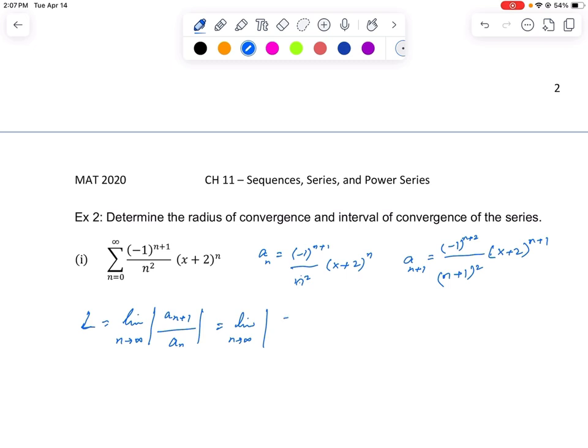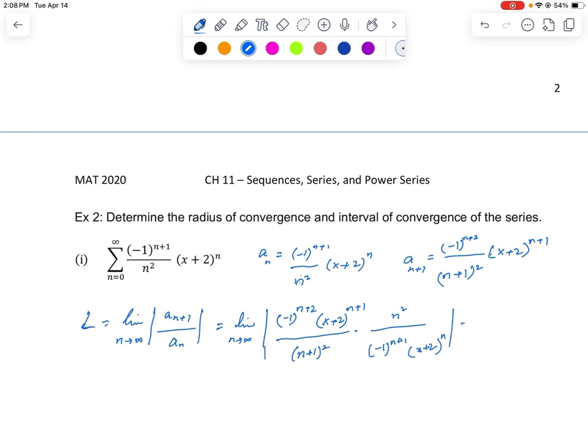So I will have negative 1 raised to the n plus 2 times x plus 2 raised to n plus 1, whole thing divided by n plus 1 whole squared, times, now the second fraction will be inverted, so the n squared will come on the top, and over here I have negative 1 to the n plus 1 times x plus 2 raised to n.